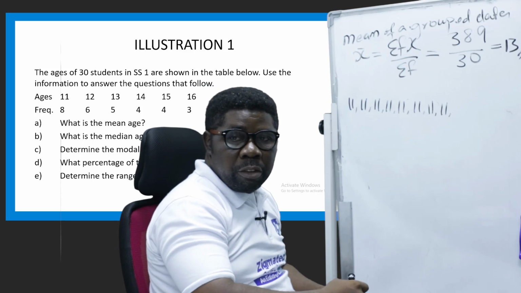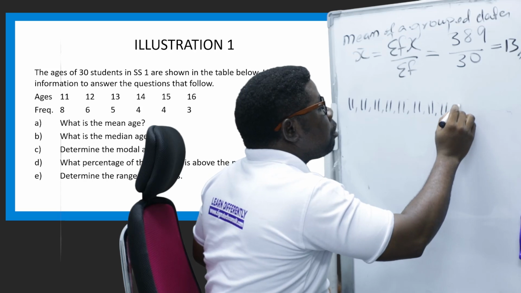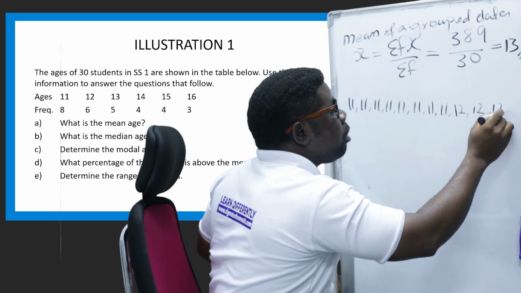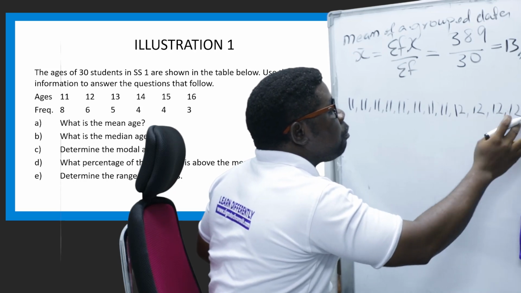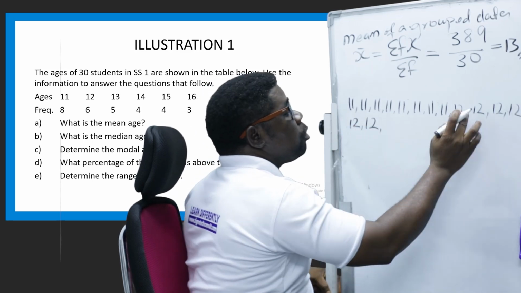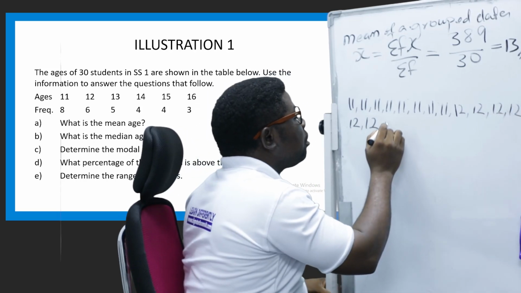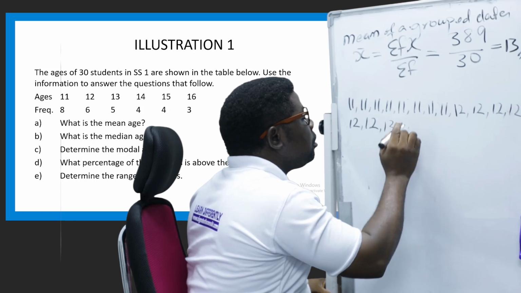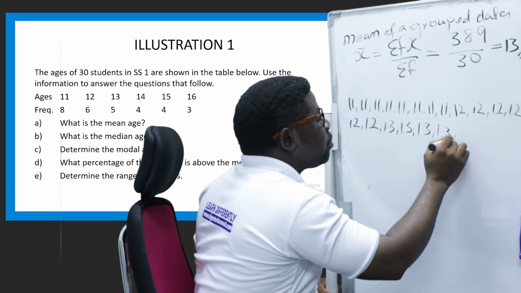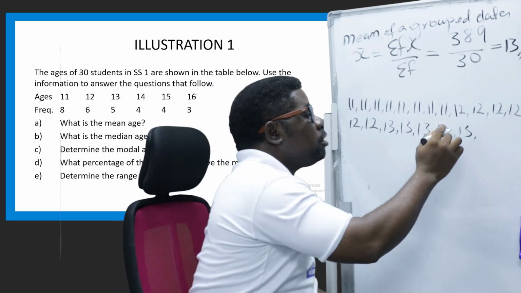Then 12 in 6 places, so I have 12, 12, 12, 12, 1, 2, 3, 4, 5, 6. Accordingly, 13 in 5 places, 13, 13, 13, 13, 1, 2, 3, 4, 5. Okay, 13 in 5 places.